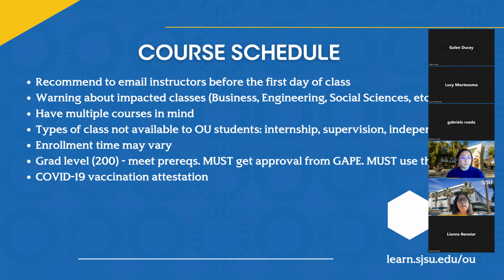They have a rate for Open University students that you have to pay, and you have to contact that department or visit that center in order to find out the rate.